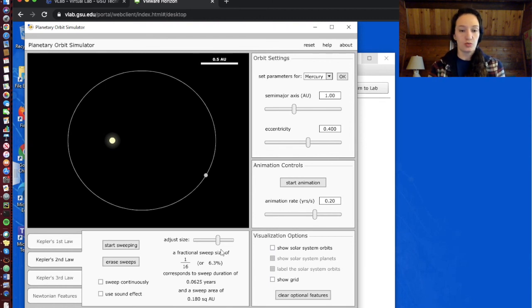Drag this Adjust Size bar until the text beneath it, which says a fractional sweep size of 1/16 or 6.3%, reads a fractional sweep size of 1/7 or 14.3%.